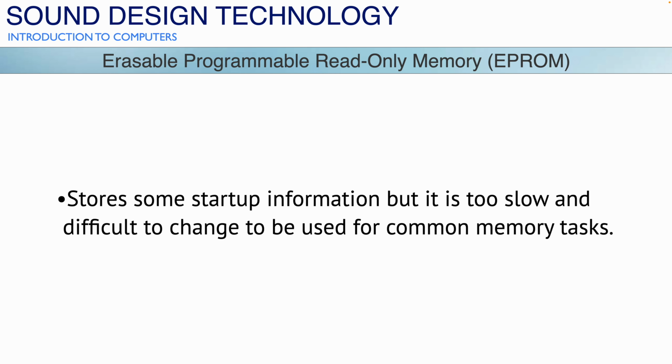You get one chance to burn that data onto that chip, and if you have a mistake in that data, you can't redo it. You have to throw the chip away and make a new one. So you don't want to put too much information on that. You only want to put the bare basic information you need to get the computer started. And then you want to send it to this other place where you can adjust those instructions a little bit.